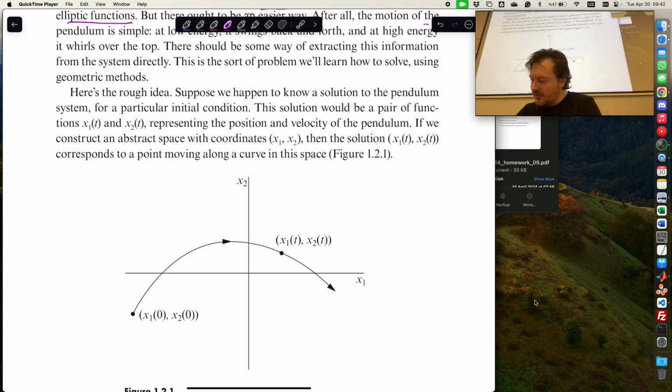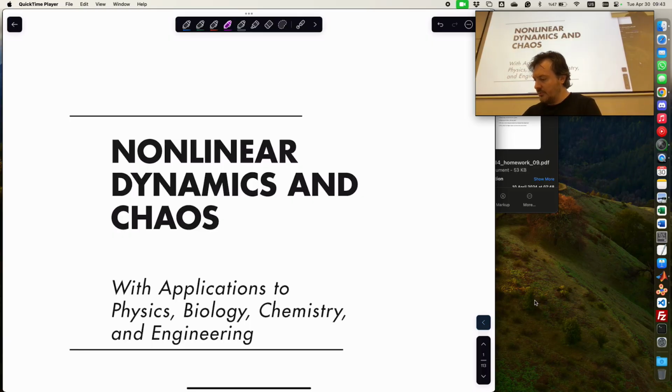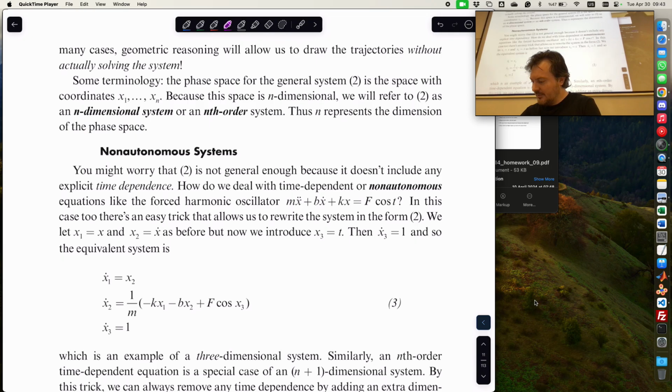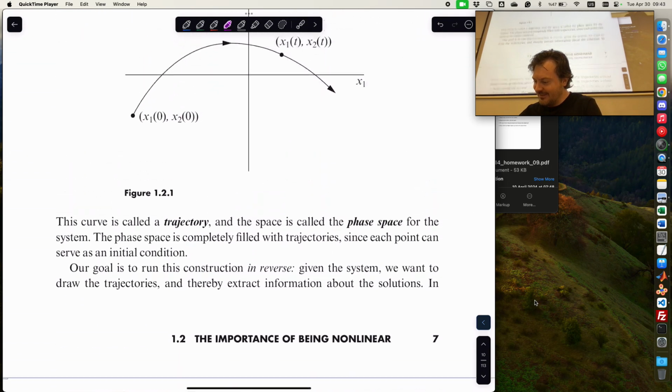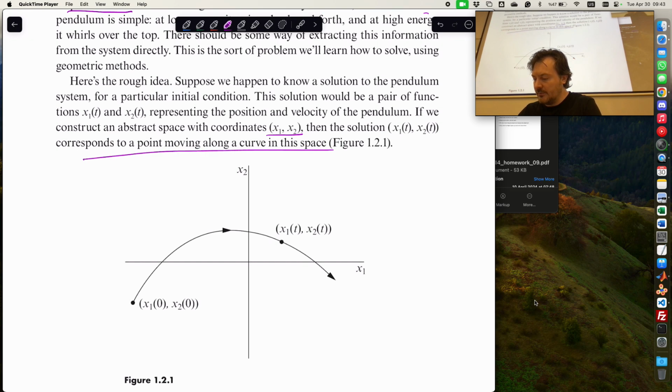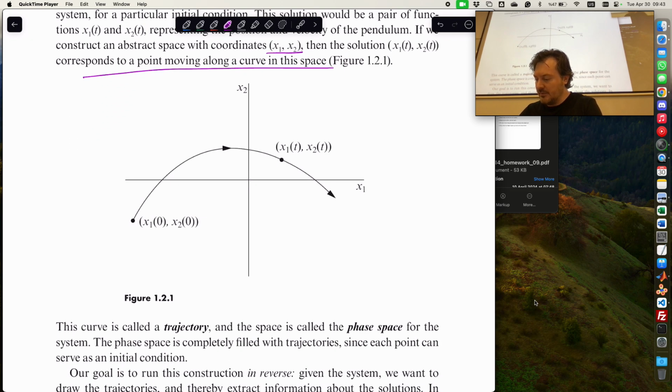So if we construct an abstract space with coordinates x1 and x2, then the solution corresponds to a point moving along a curve in space, right? Just like this.